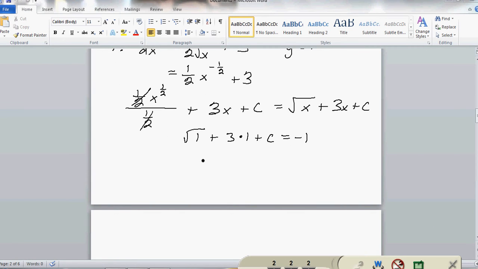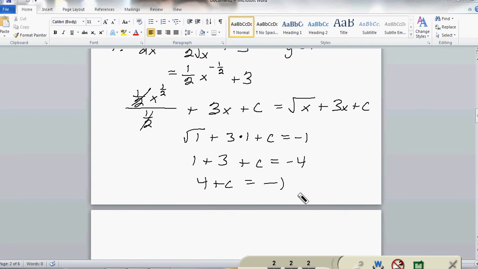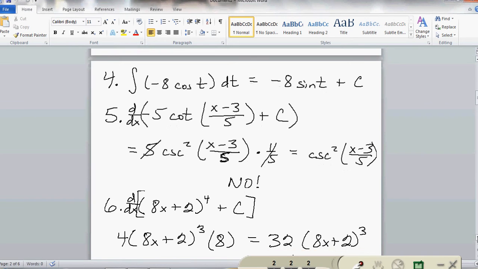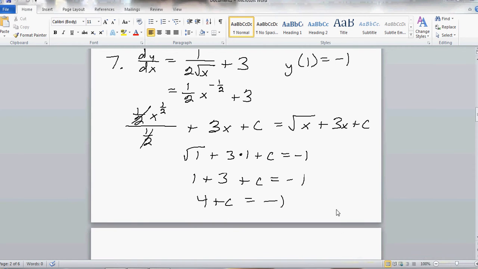Just solving here, I get 1 plus 3 plus c equals -1. 4 plus c equals -1, not -4 like I have up there. Of course I would make that mistake, or just jump ahead. And so finally, c would equal -5.